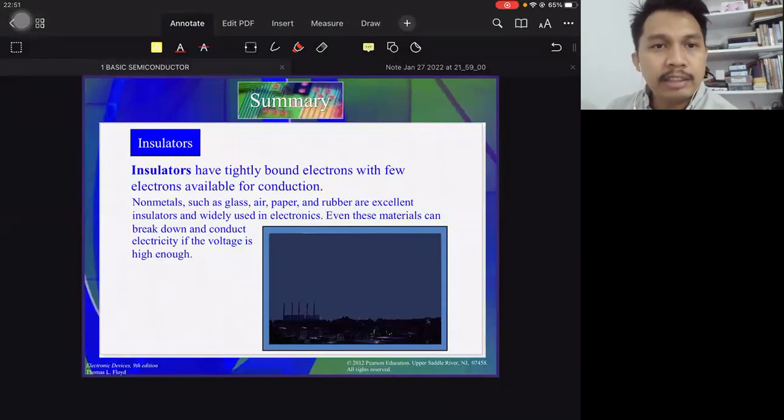In terms of their electrical properties, materials can be classified into three groups: conductors, insulators, and semiconductors. When atoms combine to form a solid, crystalline material, they arrange themselves in a symmetrical pattern.